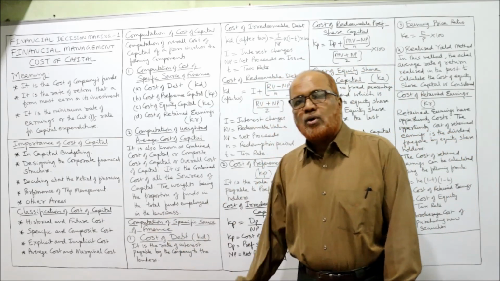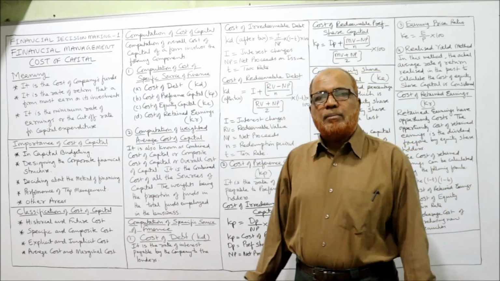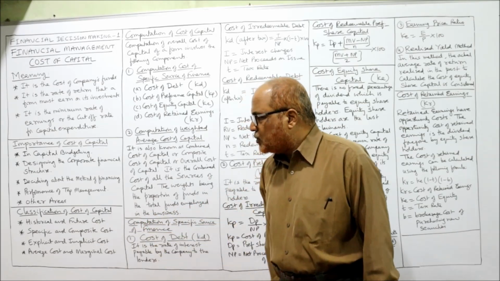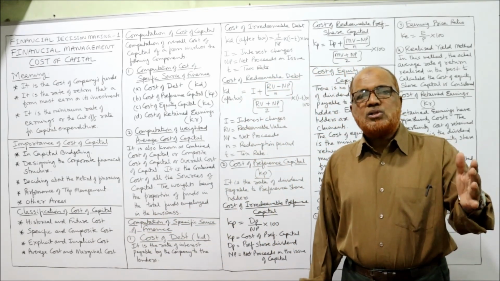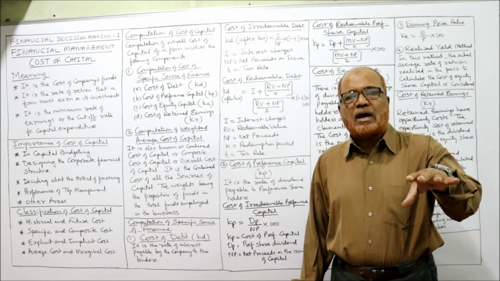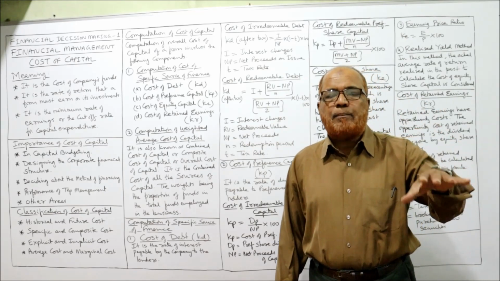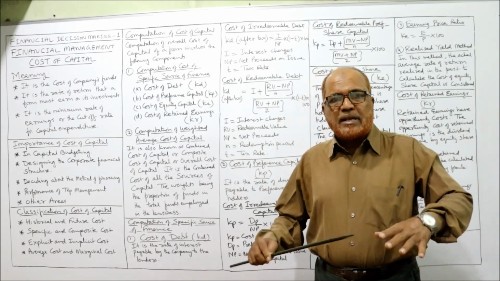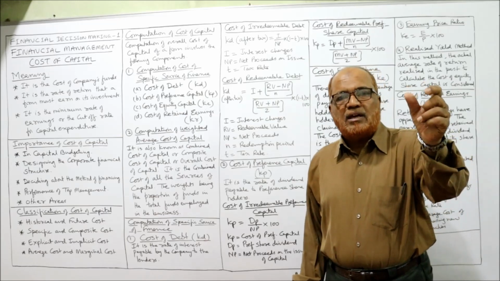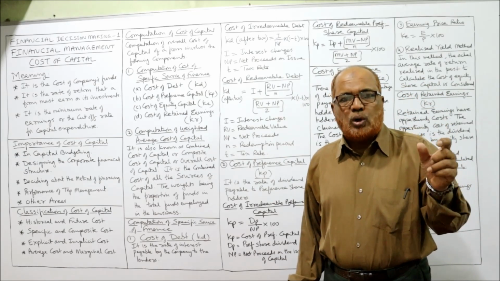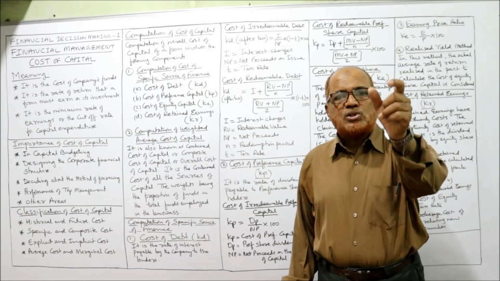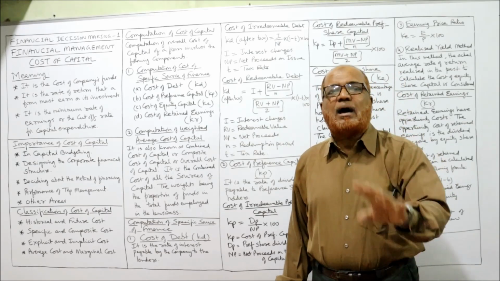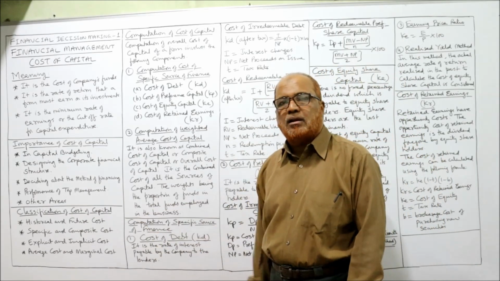Now, classification of cost of capital. The cost of capital can be classified as historical and future cost. Historical cost of capital means the cost of capital of the present capital structure. Presently, the company is having equity, preference, debentures, loan, retained earnings. What is the cost of capital of the present capital structure? That is called historical.